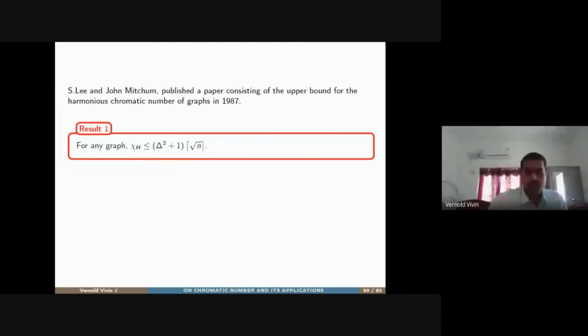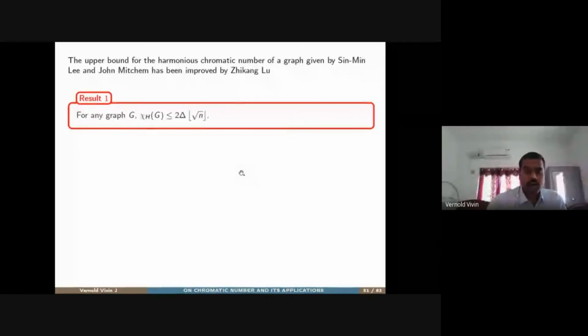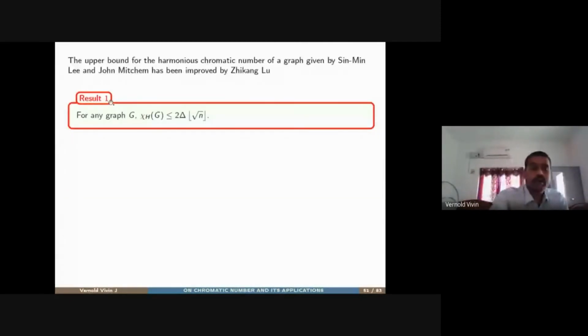Similarly, for any graph G with diameter 2, this is one of the general bounds: the chromatic number of G will be equal to N. All these results are due to Sin, Lee, and John Mitchem. Another result, the upper bound which we have seen here, was sharpened by Liu.